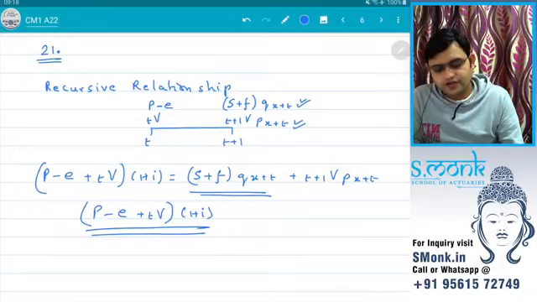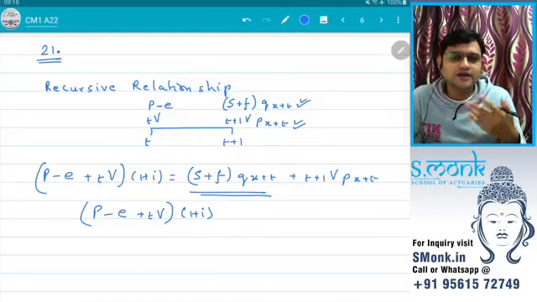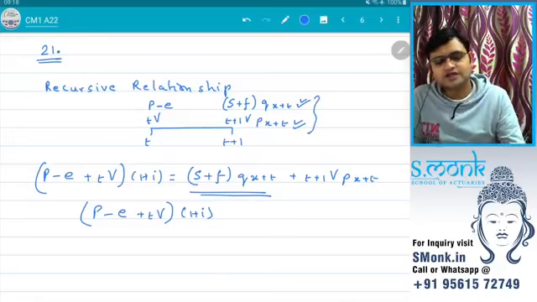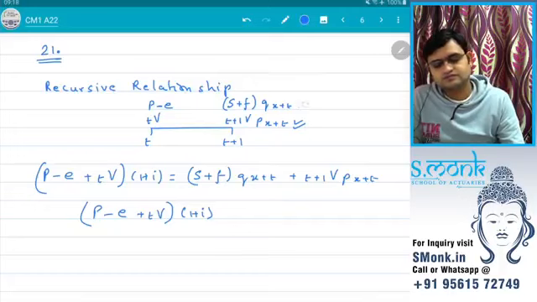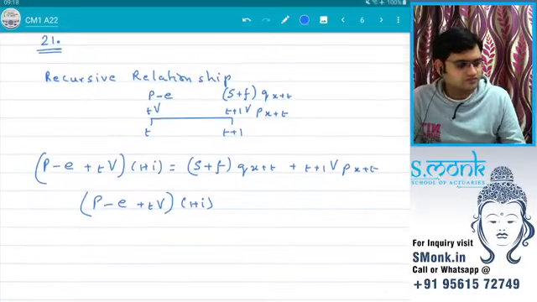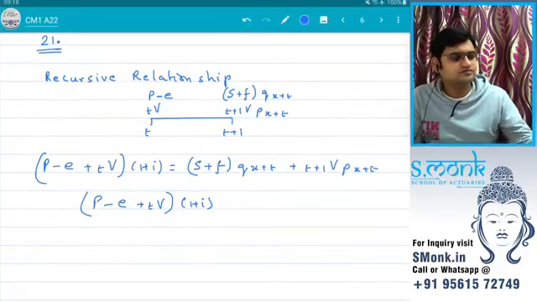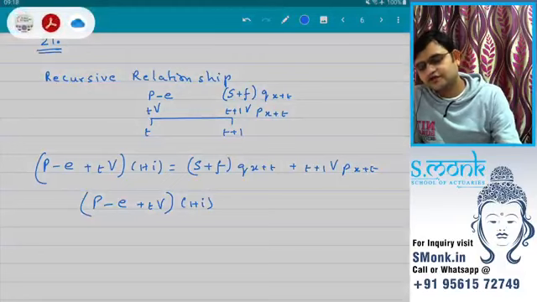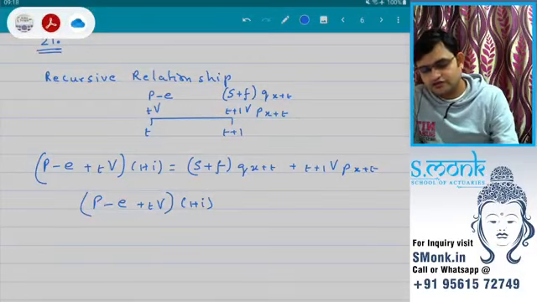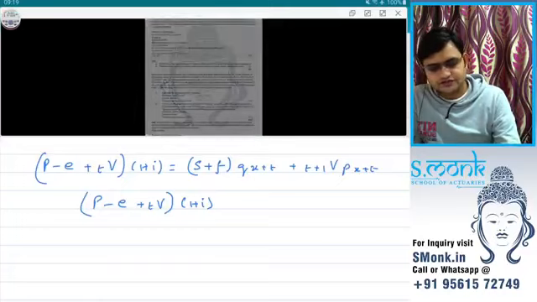So we are assuming we are taking all of this out at the beginning of the year, or let's say these are our income at the beginning of the year, these are our expenses at the end of the year. Let's solve a sum on recursive relationship first, and then we will solve DSAR and stuff.